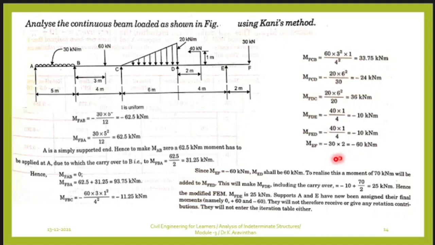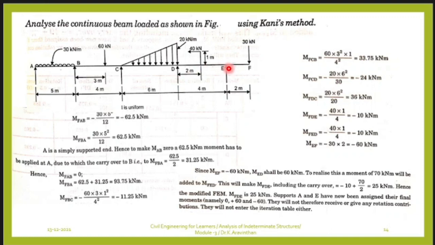Since you have minus 60, what you are doing is, you already have ED. So what is the moment of E to D? It is 10. So the total moment at joint E is, EF is 60, ED is 10. So what is the total answer, which is 70. Half of the 70 will be 35.